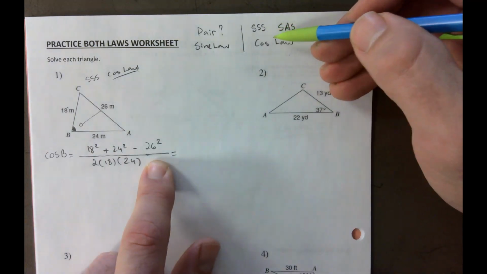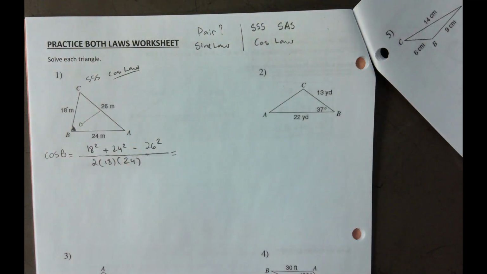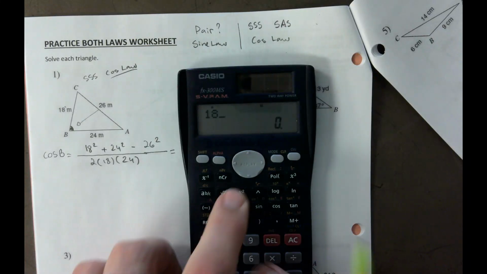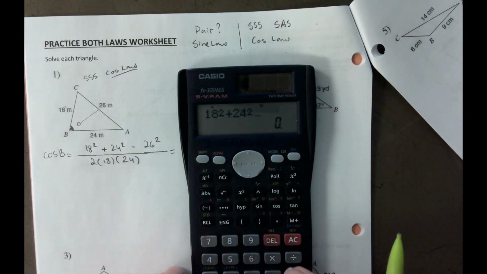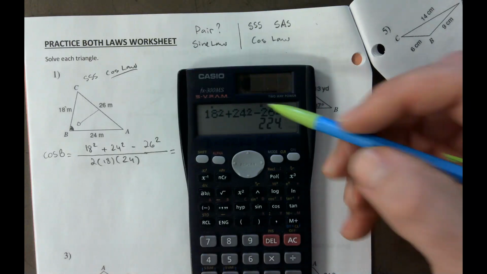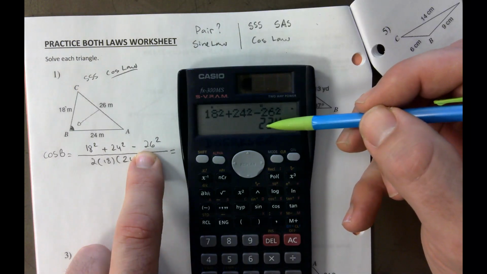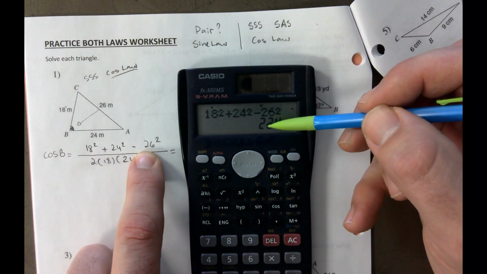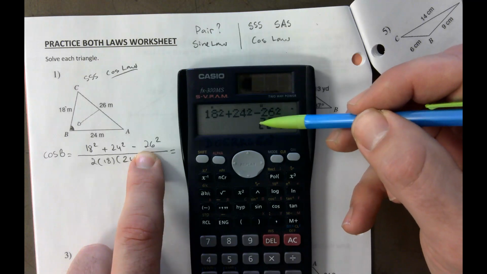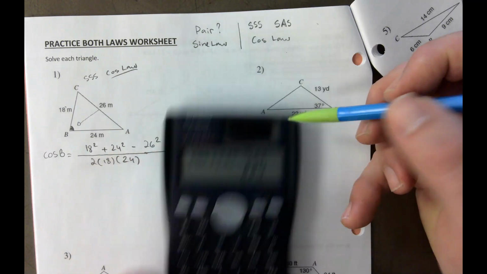If you type this in, and I'll show you what I mean, 18 squared plus 24 squared minus 26 squared. If this value at the top, when you type it in, you get a negative, watch out. That means that it's an obtuse angle. You don't want to miss it. In this case, it isn't.